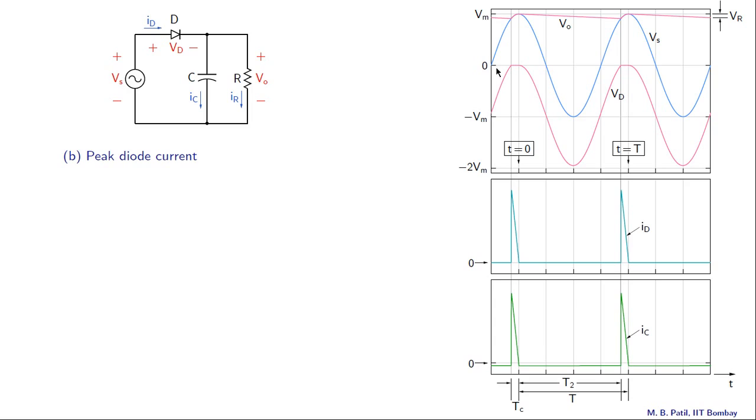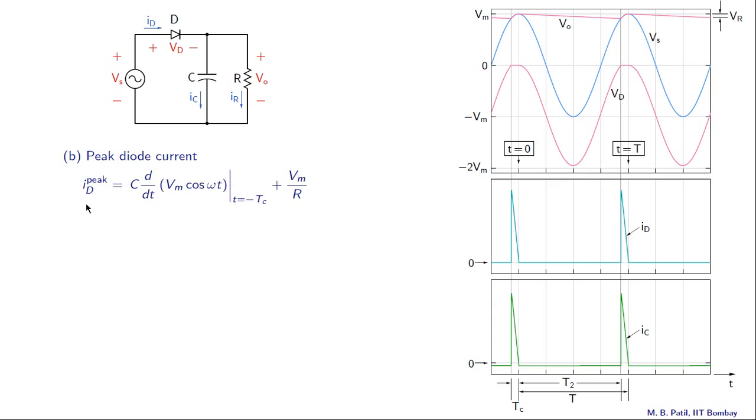So this is how Vs varies, and clearly the maximum slope happens at this point right here, and that is t equal to minus Tc. This is our t equal to 0, so this is t equal to minus Tc. So what we need to do now is to find the slope dVs/dt at this t equal to minus Tc.